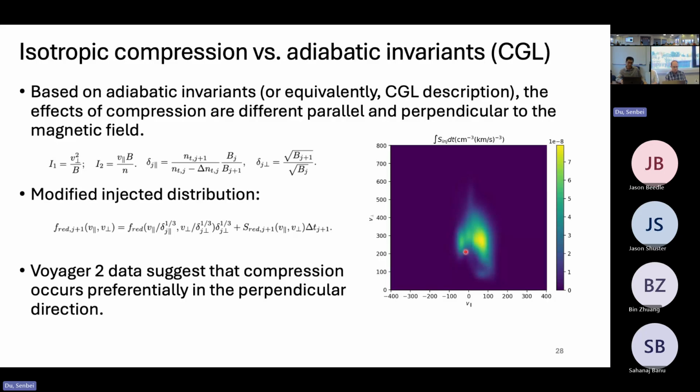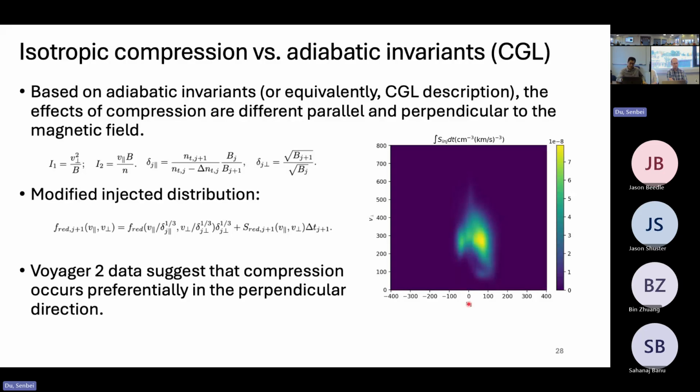And because we have measurements in magnetic field magnitude and density, we can use the adiabatic invariance to calculate the compression in parallel and perpendicular direction separately, and then put that in the injection rate. And so this figure is what we get.